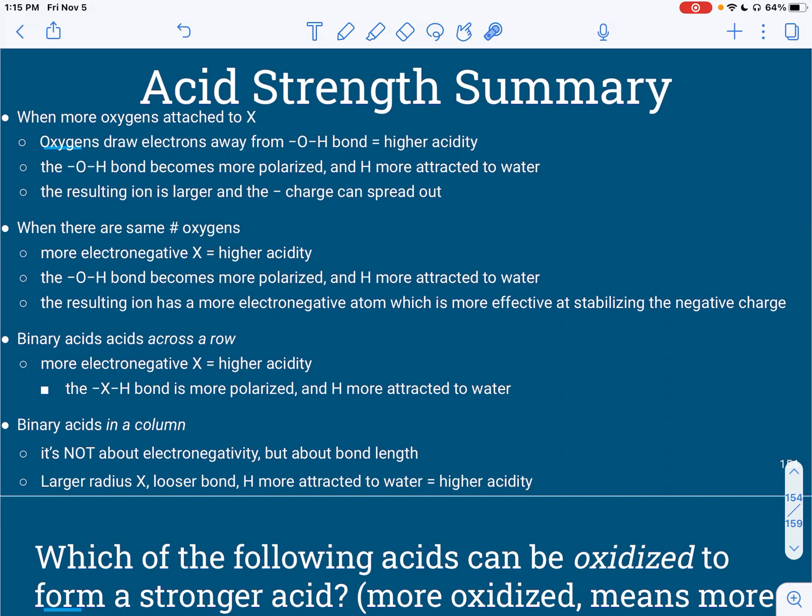So when there's more oxygens attached to the same element, the more oxygens there are, the stronger the acid. When they're the same number, but they're different central atoms, the central atom is going to tell you: the more electronegative central atom, the stronger the acid. Binary acids across a row and down a column are stronger.